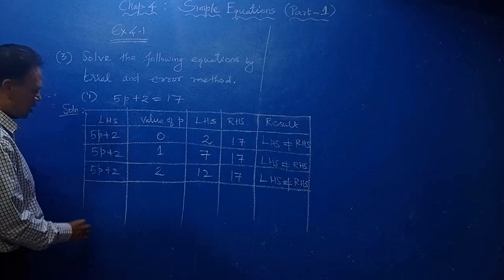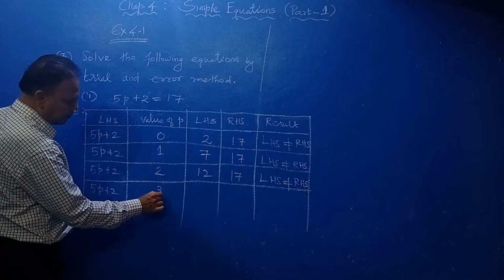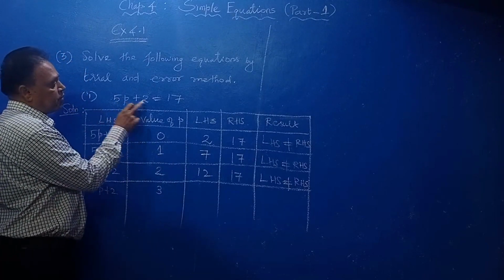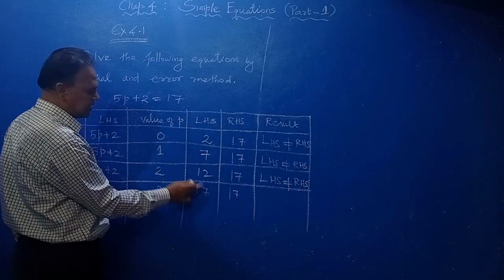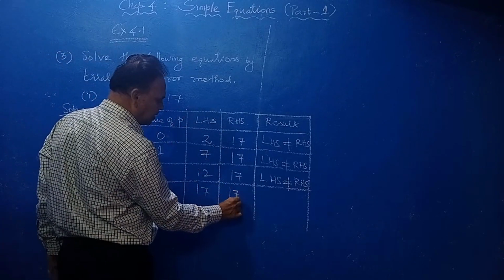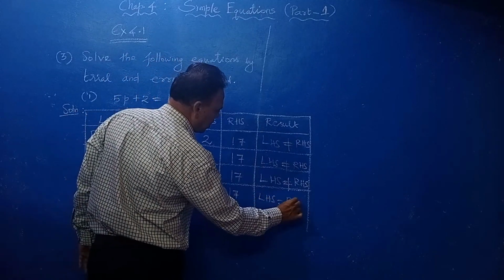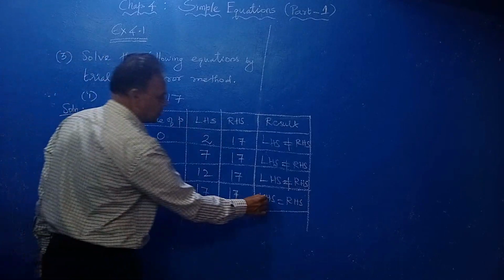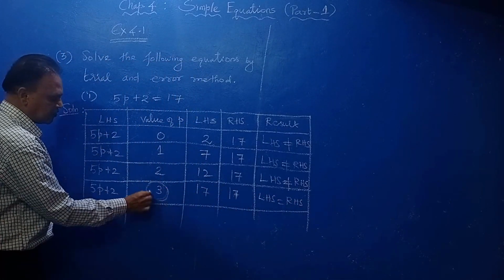Again, put the next value, 3. What will you get? 3 into 5 is 15, 15 plus 2 is 17. Left hand side is 17, and the right hand side is also 17. So both are equal. The result is LHS equal to RHS, which means it is satisfied.